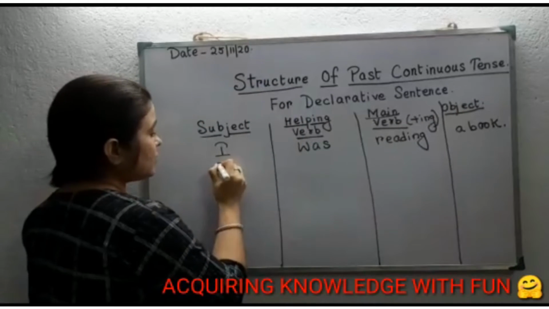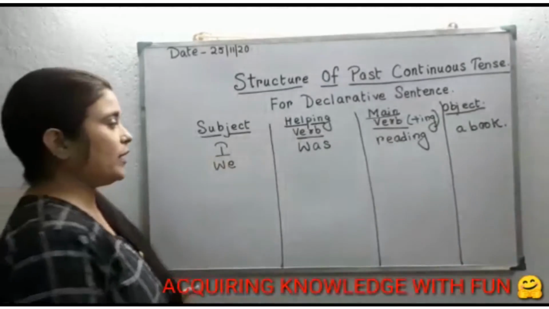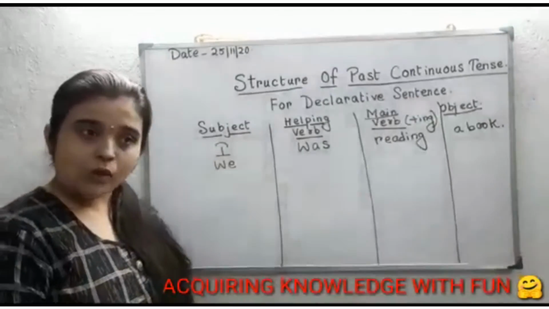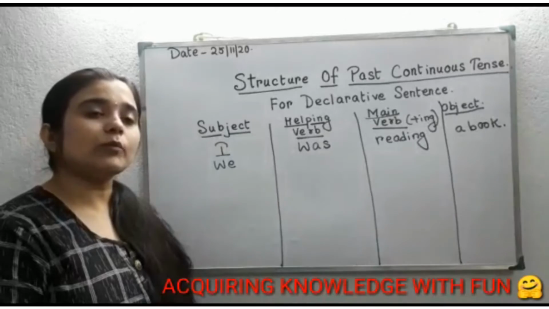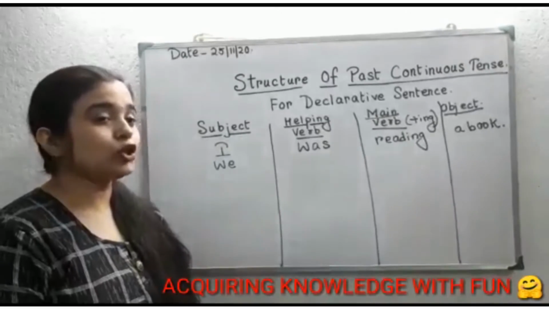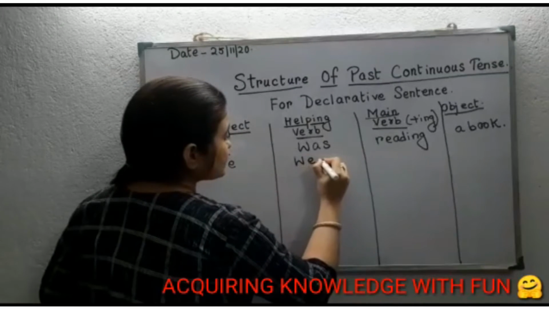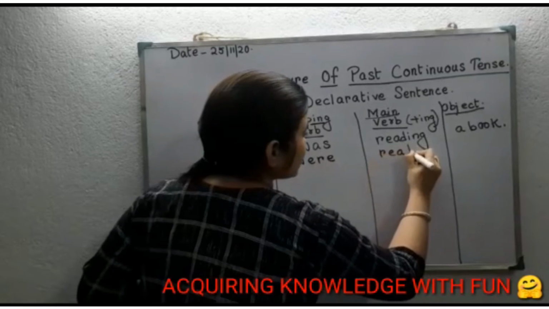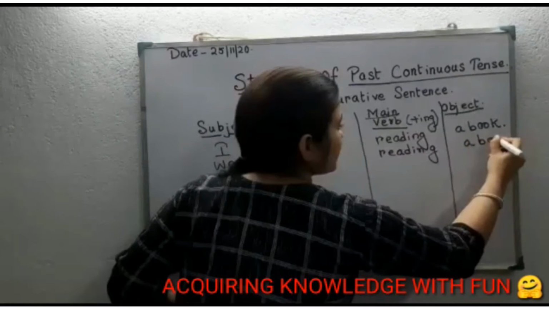Next, you say we with we were. Okay, use were with plural nouns and plural pronouns. Okay, what are the plural pronouns? We, they, you. Okay, now we were reading a book.